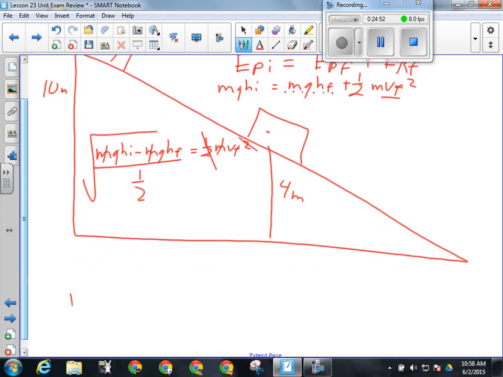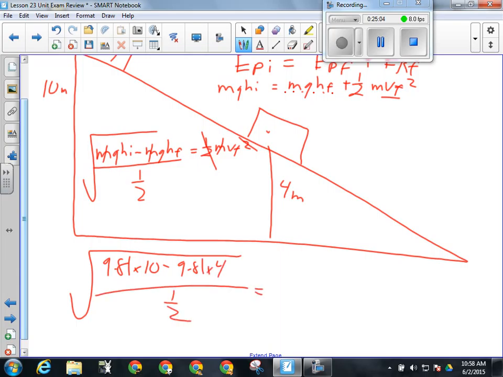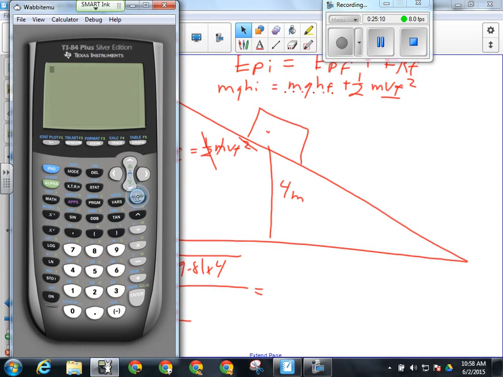Now I can just plug in my numbers. So I'll have 9.81 times 10 minus 9.81 times 4 over 1/2, square rooted, will give me my final speed. 9.81 times 10 is 98.1. Then 58.86, divided by 1/2, square root.